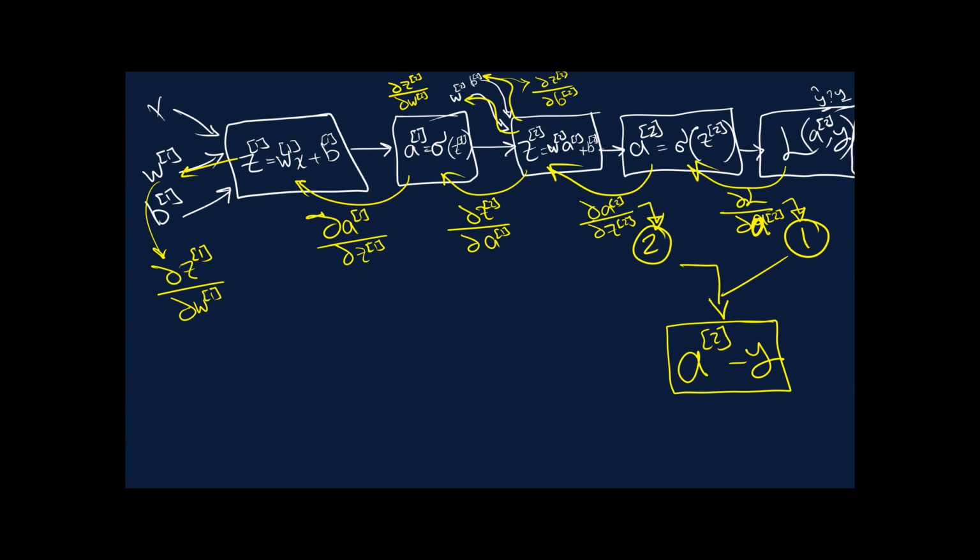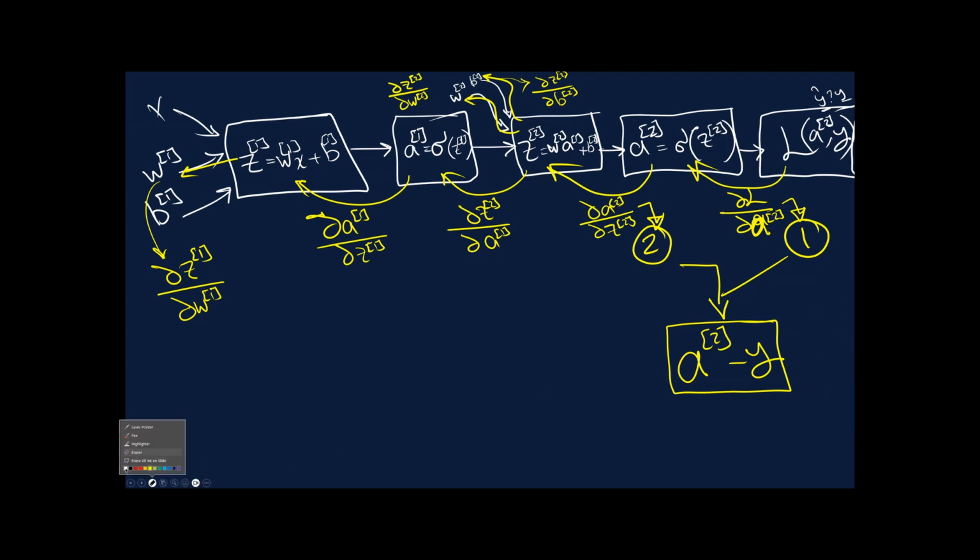So basically, instead of saying that this is the derivative of the loss with respect to z, we can name this dz. Because this is the second layer, we can say that this is dz2. Or just ignore all of that, just not to have any confusions.